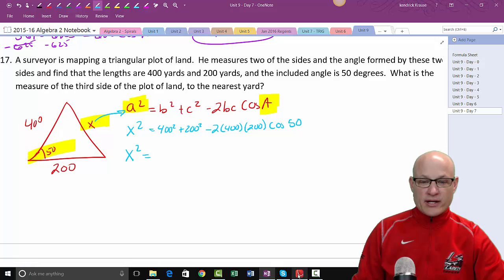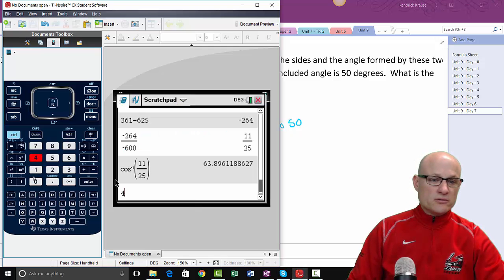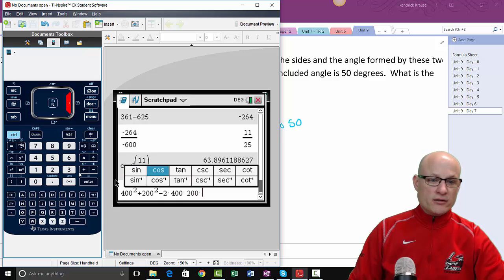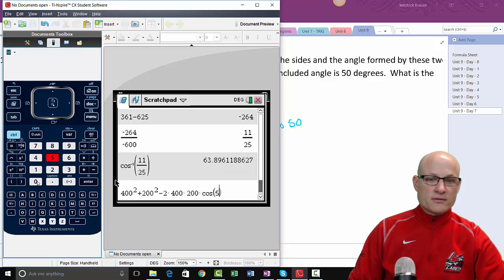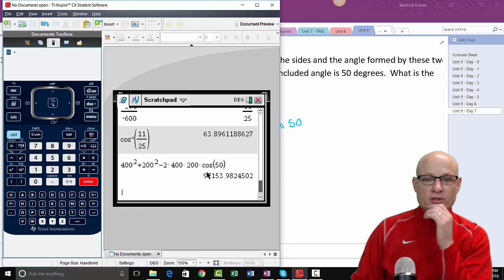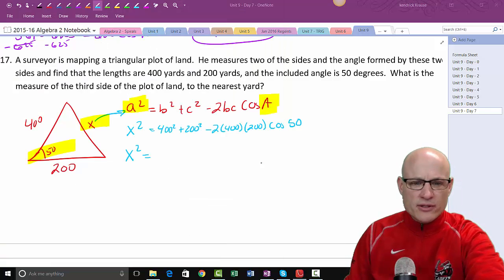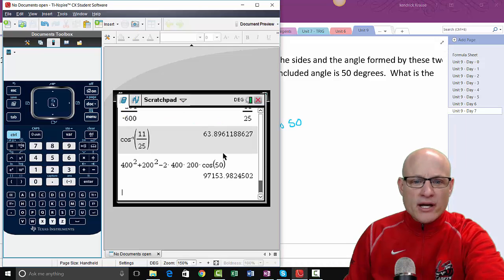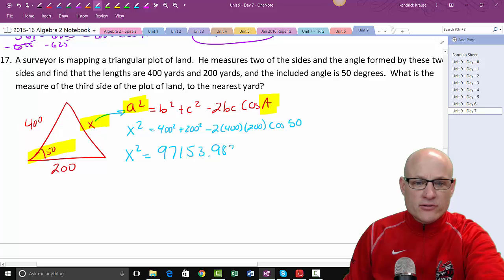Now remember, when I type all that in, I'm going to get x squared. So 400 squared plus 200 squared minus 2 times 400 times 200 times the cosine of 50. Now when I type all that in, I'm going to get some large number. Woo, 97153.98245.